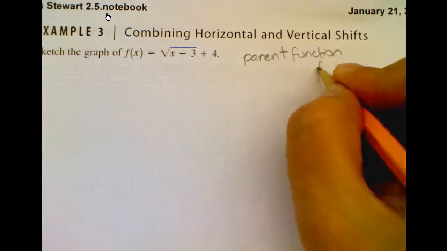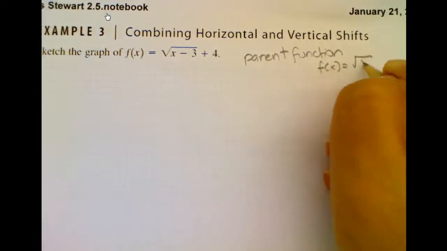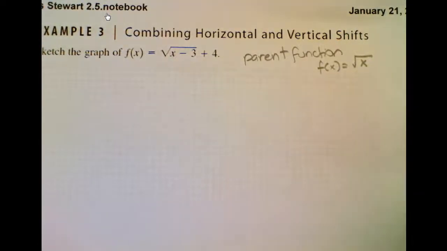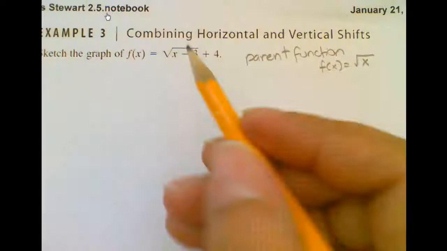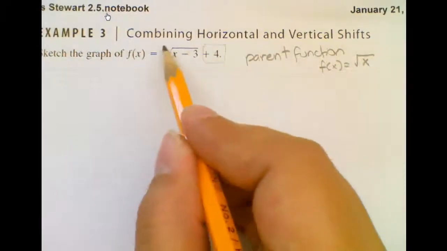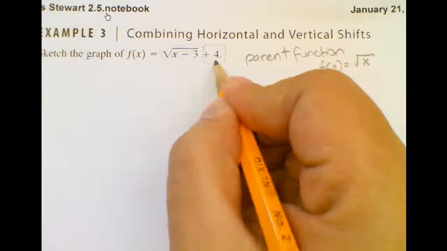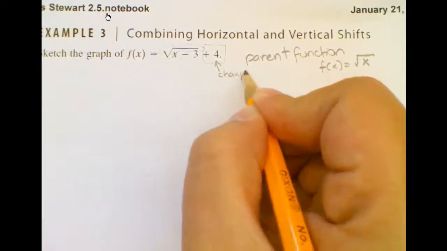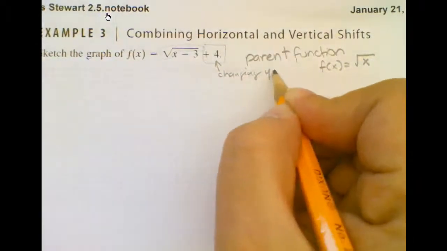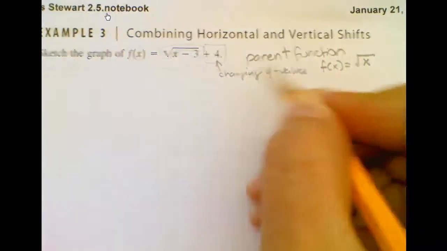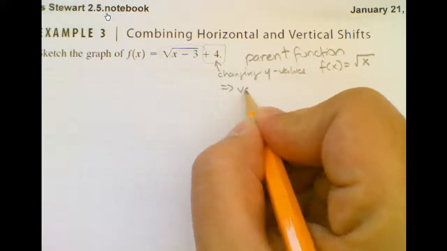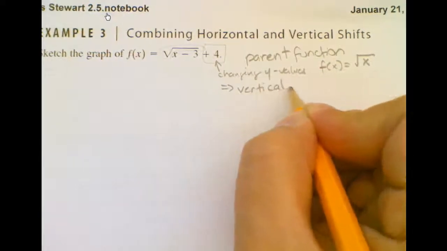The parent function is square root of x, but now 2 different things have happened to it. I see a +4 that is outside the root, so that implies that this +4 is changing the y values, and because it's changing the y values, that means vertical shift.